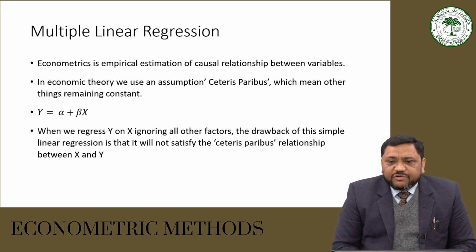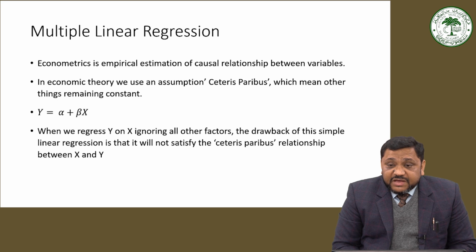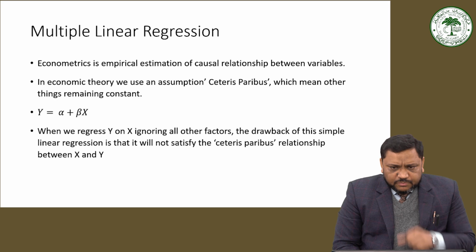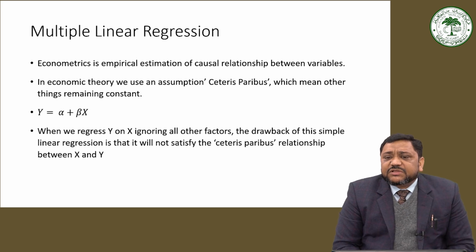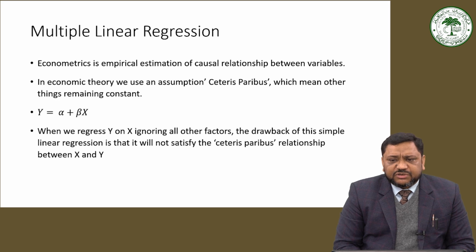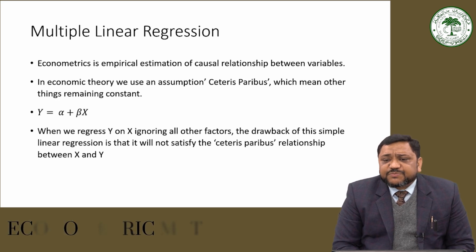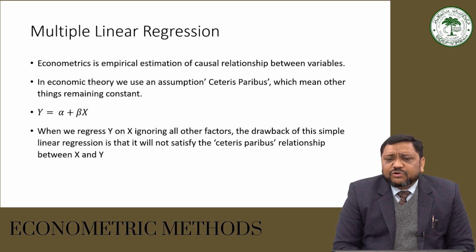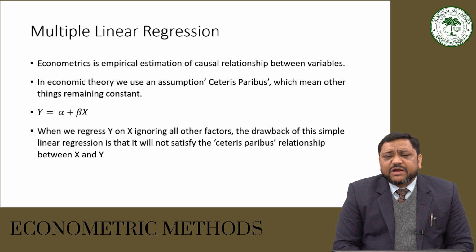For example, in the theory of demand, quantity demanded is a function of price, given the price of substitute goods, price of complementary goods, the income level, wealth, taste, and preferences. So econometric analysis begins with the premise that if x and y are two variables representing some population, say price and quantity demanded, and we are interested in explaining y in terms of x, then how can we be sure that we are capturing a ceteris paribus relationship?